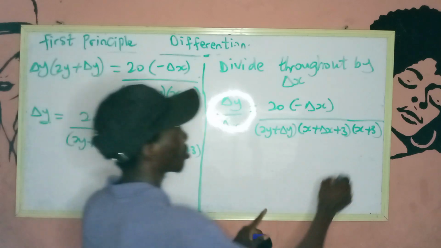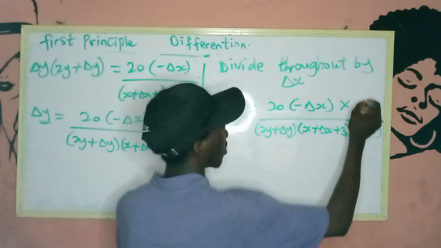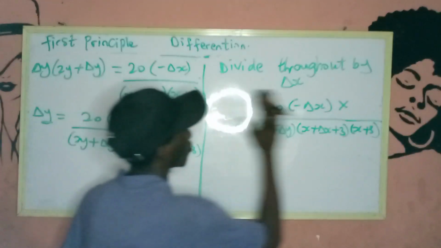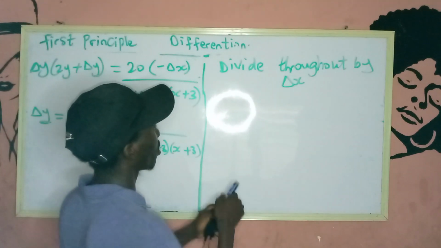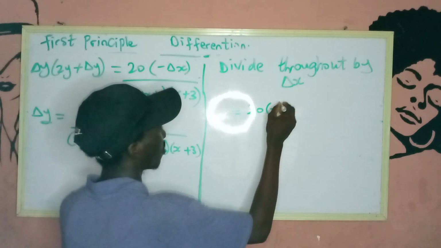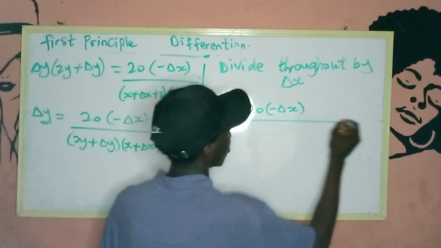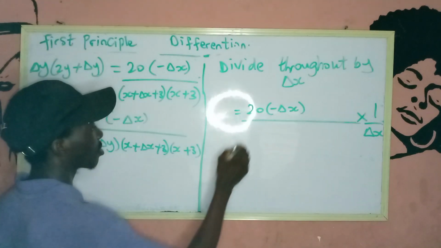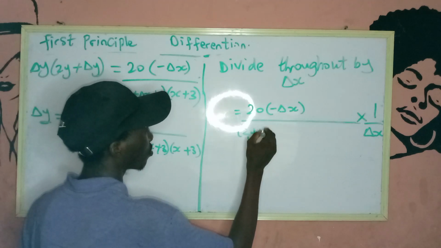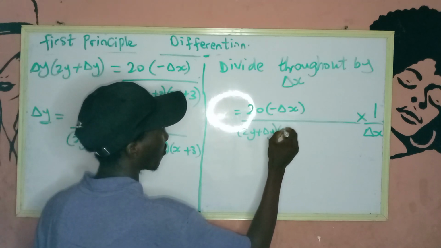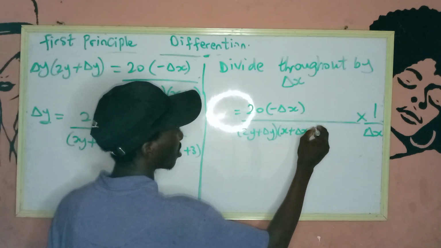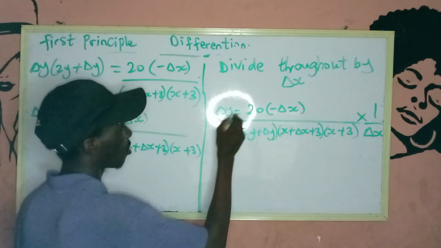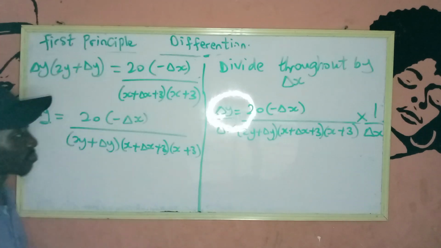This expression will be multiplied by, I will have to shift this backward, so to make my work neutral, I have 20 over minus change in x times 1 over change in x. So here I'll have 2y plus change in y, and x plus change in x plus 3, x plus 3, and I have change in y over change in x here.